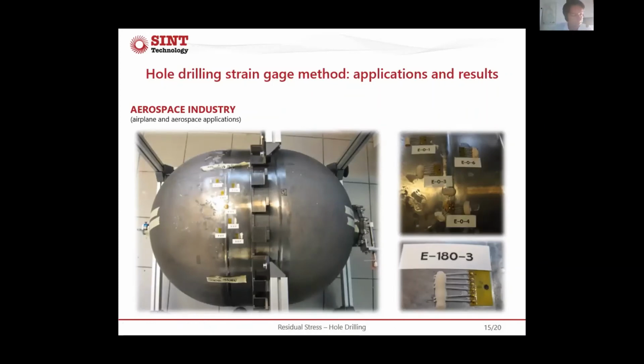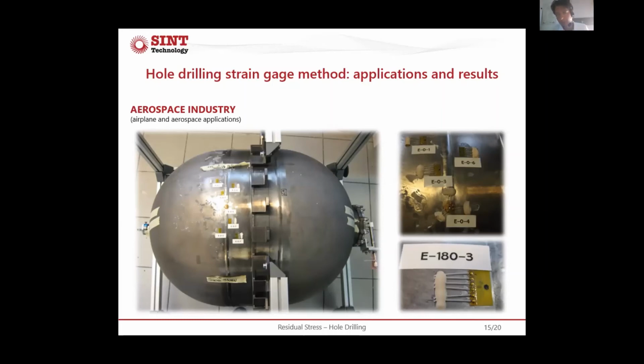And before completing the presentation, just have a couple of examples of what we can obtain in terms of results after this test when we calculate them according to the ASTM standard. So this is an example in the aerospace industry.